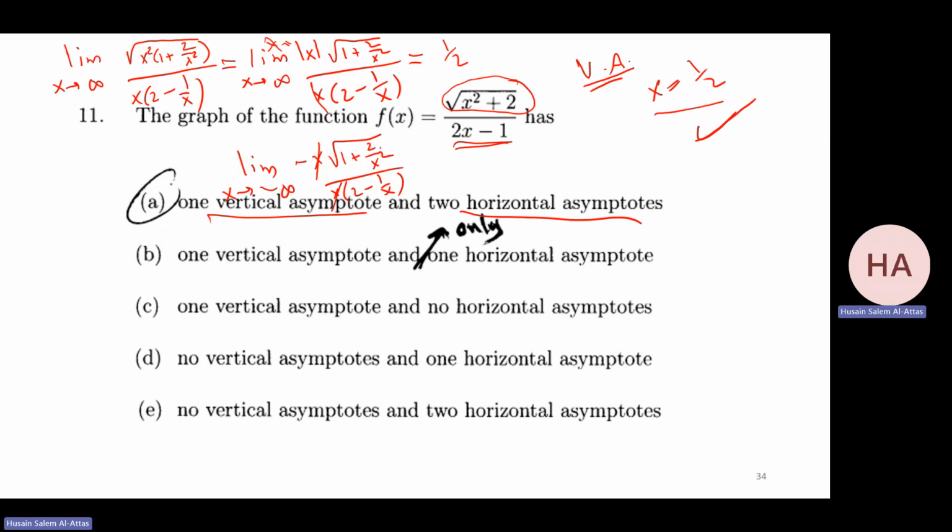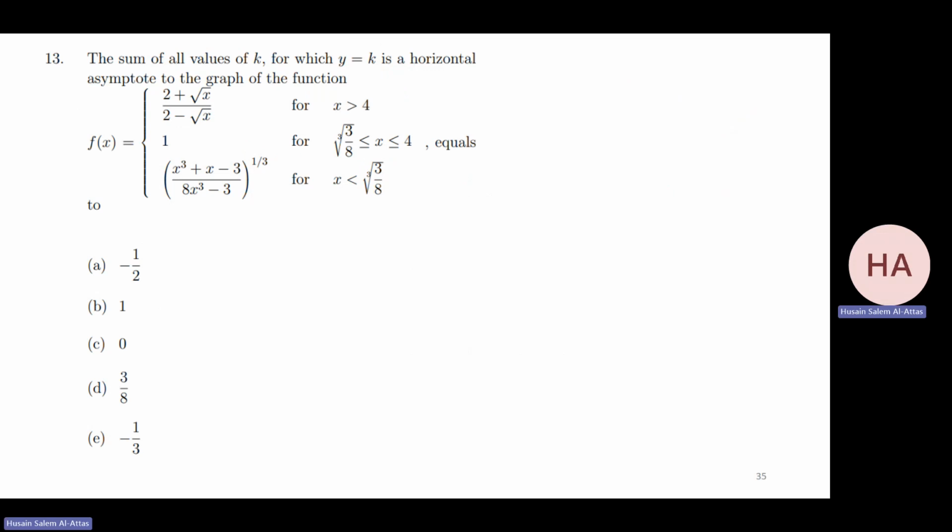You have what? These are zeros, so you have minus half. So you have two horizontal asymptotes, y equal half, y equal minus half, and one vertical, which is x equal half. That's the solution.